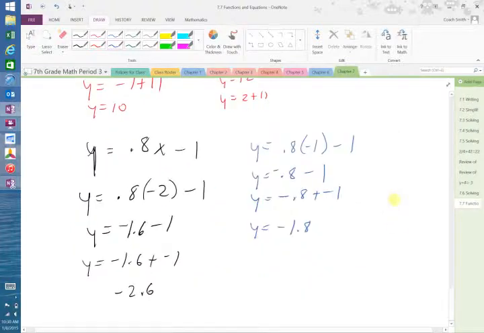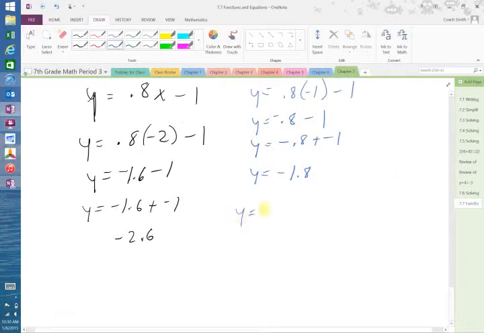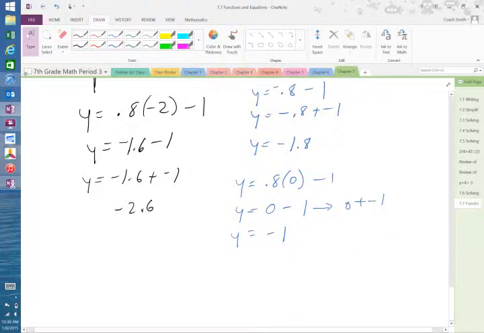Now, you get down here and you say, okay, y is equal to 0.8 times 0 minus 1. Well, that's y is equal to 0 minus 1, which is negative 1, because this is 0 plus negative 1. Then you have y equal 0.8 times 1 minus 1.